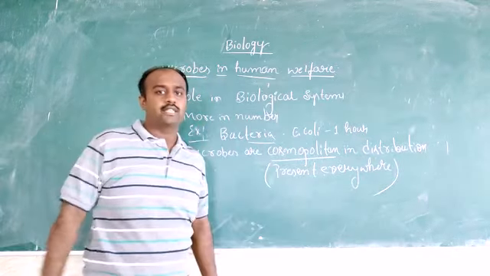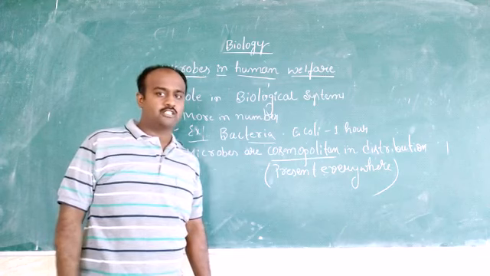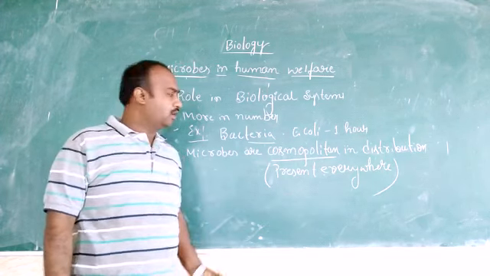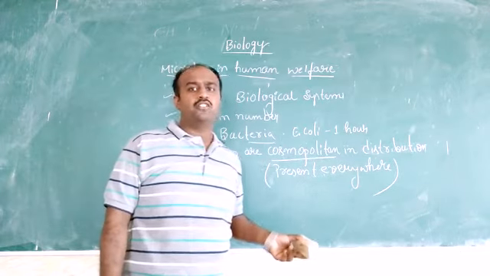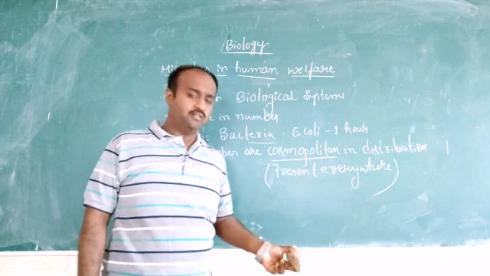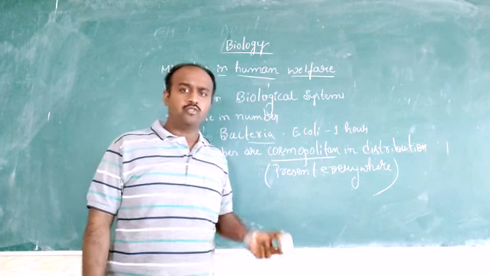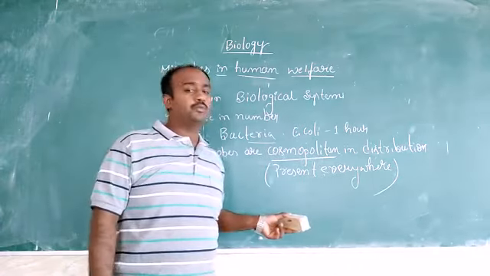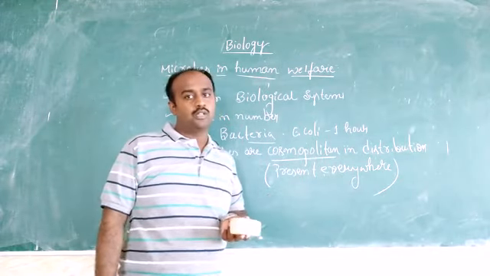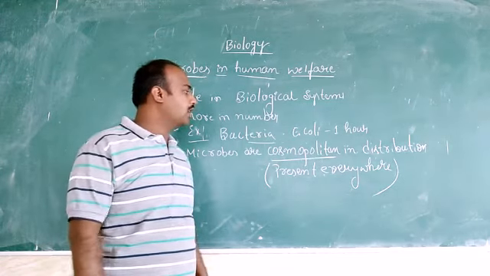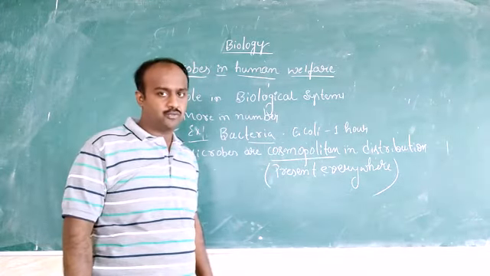Why? Because microbes are found in sand, in water, in air, and in rocks. Microbes are found in snow also. That's why we say that microbes are cosmopolitan in distribution.